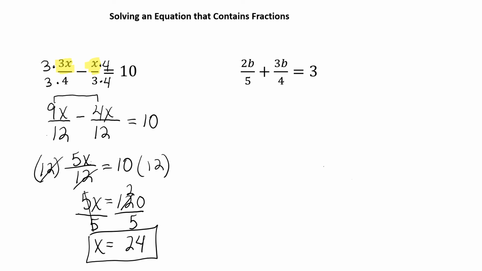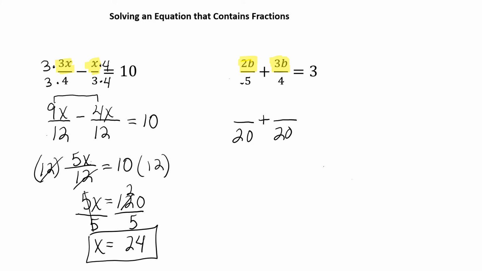2b over 5 plus 3b over 4 equals 3. Again, we can't add these two because they don't have the same denominator. They both have the same variable, but the denominators don't match. We have to find their common multiple. So I can already tell you it's 20.